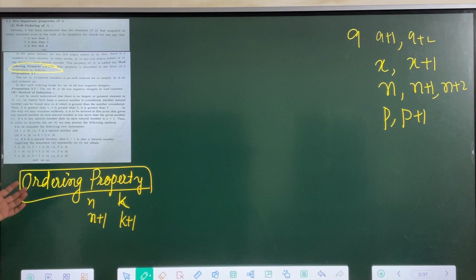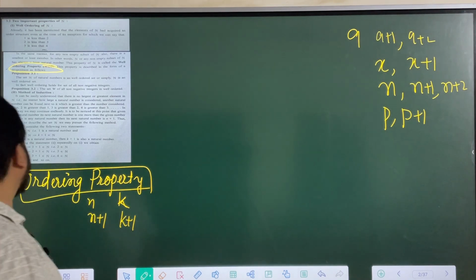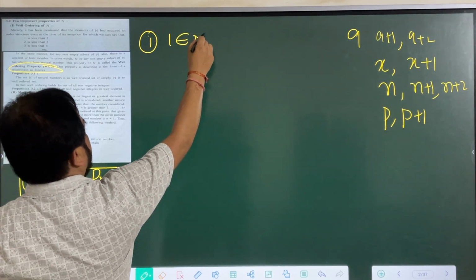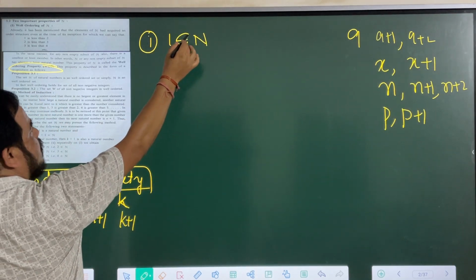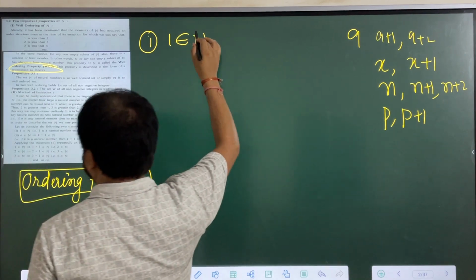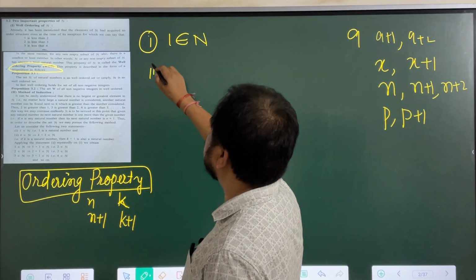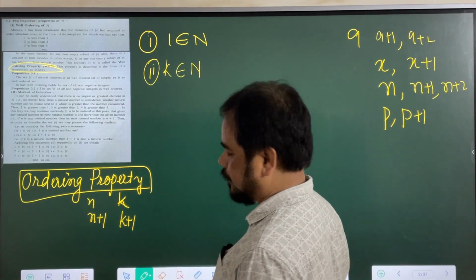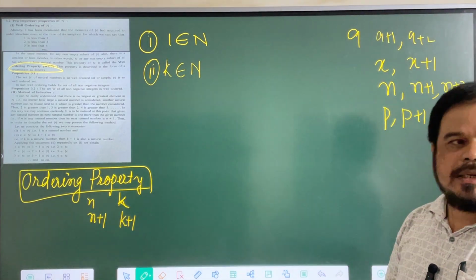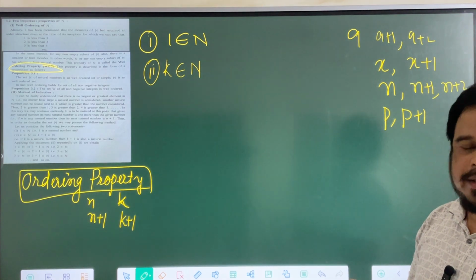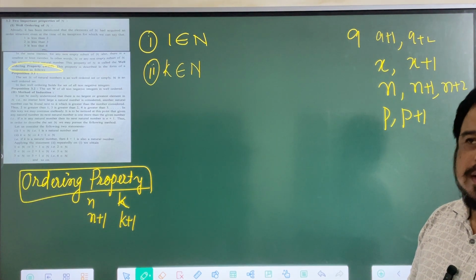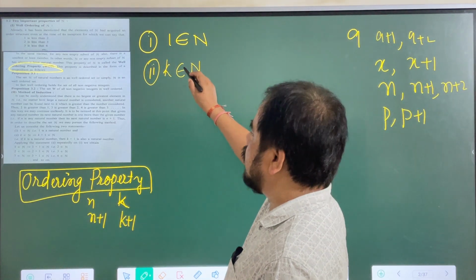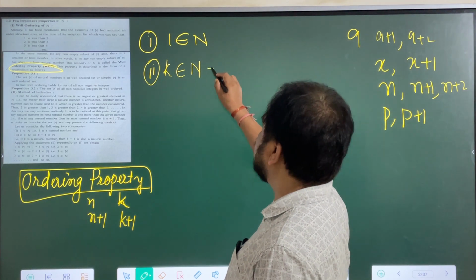So how will you use that? That is what we understand. Look here. Here is the number 1. 1 belongs to N. It means 1 is a natural number. Next, suppose k is also a natural number. We don't know what k is. Among the natural numbers, k is some number, maybe 100, maybe 1000, whatever it is. But k is also a natural number.